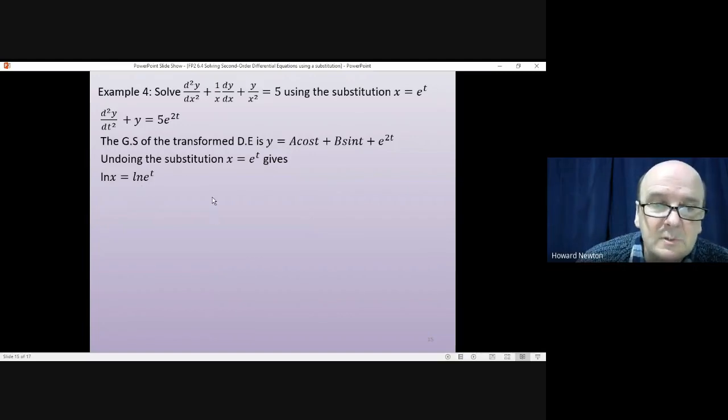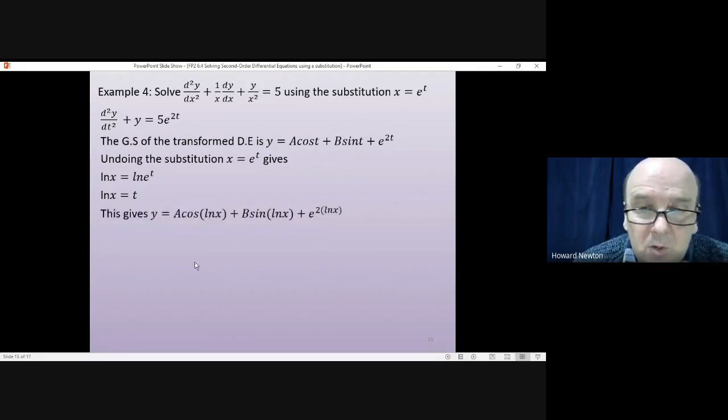Log and e cancel with each other, and that will give me t is equal to log x. And I can substitute for t in the solution to the differential equation here. And that will give me y equals a cos log x plus b sine log x plus e to the power of 2 log x.